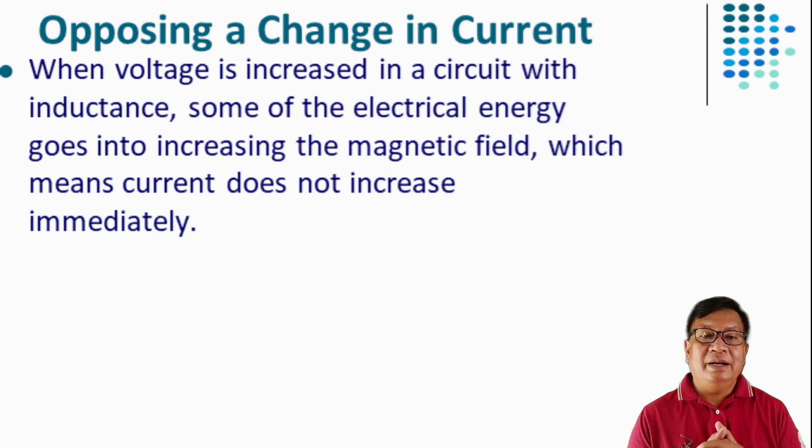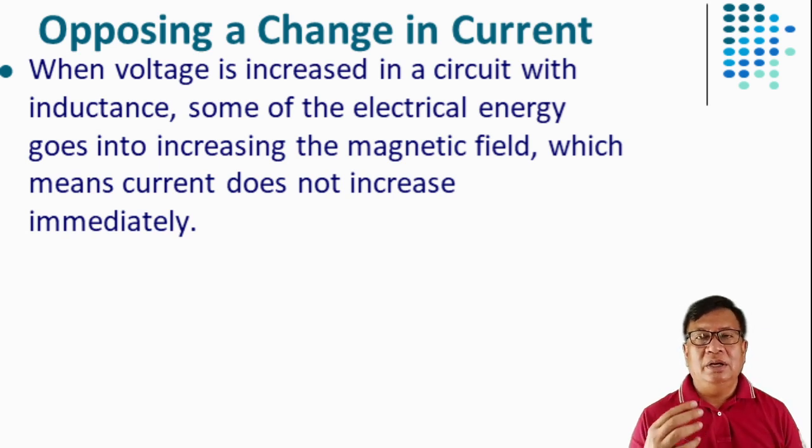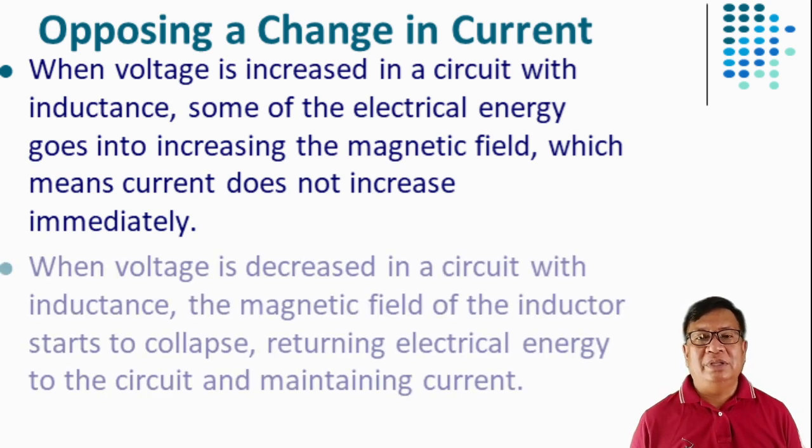So ano po mangyayari po dito, pag lagyan natin ng malaking voltahe yung circuit natin, it will produce more magnetic field, and because the current is changing, it will induce a voltage at the surface, and this voltage opposes the originating voltage, then mayroon po tayong counter EMF, then it will reduce. Okay, so lalong liliit yung voltahe natin.